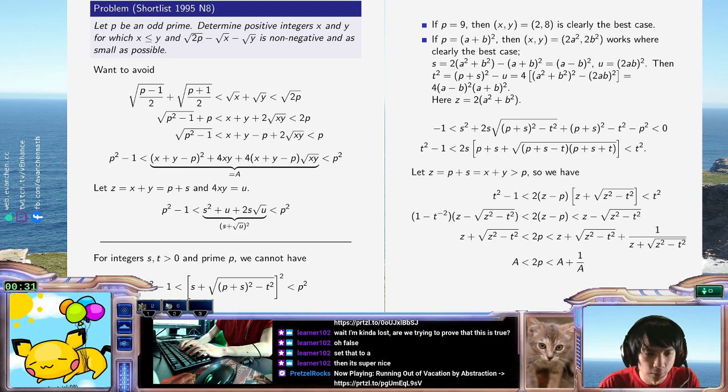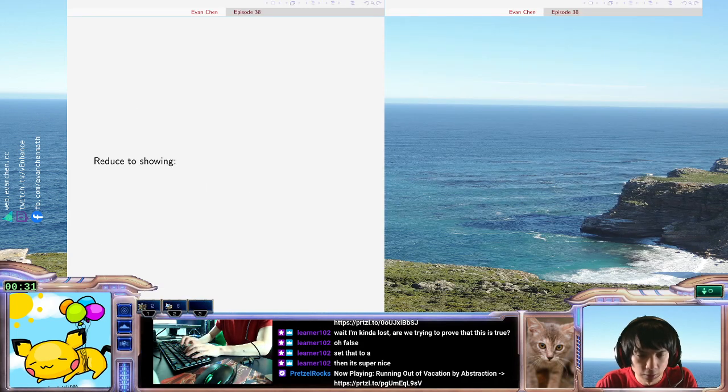Okay, so reduce to: let z greater than p be an integer, t at least. Then z plus root z squared, A less than 2p less than a plus 1 over a, where a is equal to random quantity.